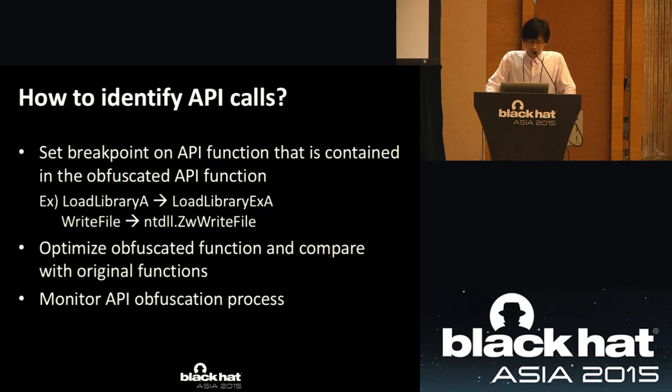So we need a more precise analysis method. Second, I tried to optimize the obfuscated function code, and I compared each optimized function with the original functions. I found that it is precise, more than 90% match very well, but some functions are very short and hard to optimize, so I need an easier method to deobfuscate API calls.